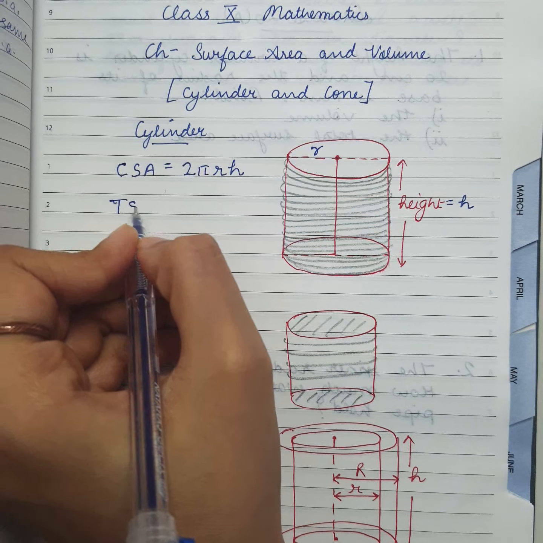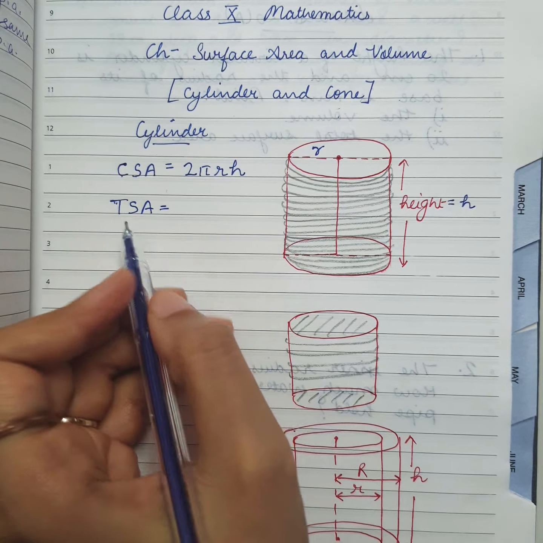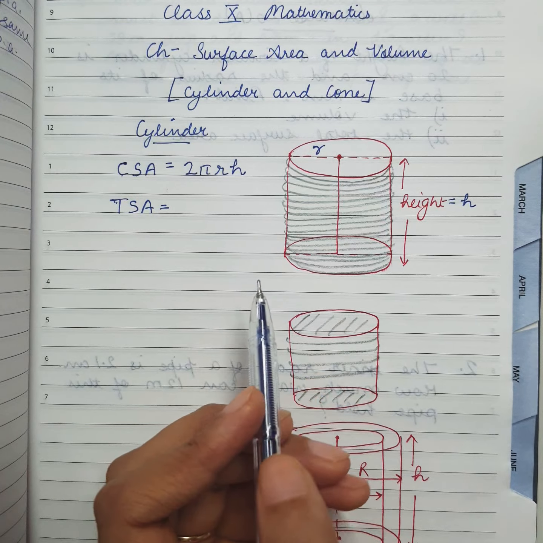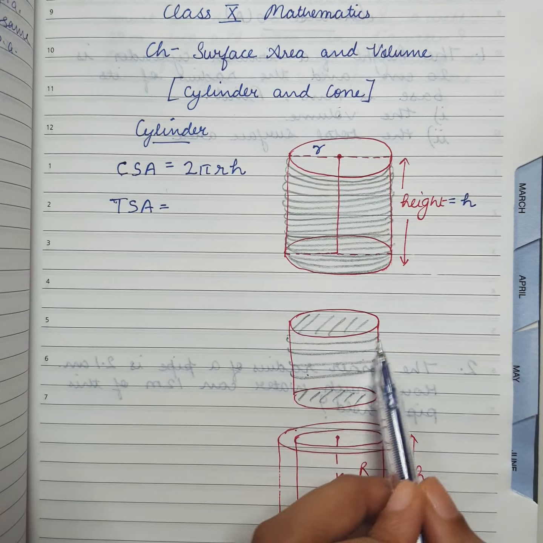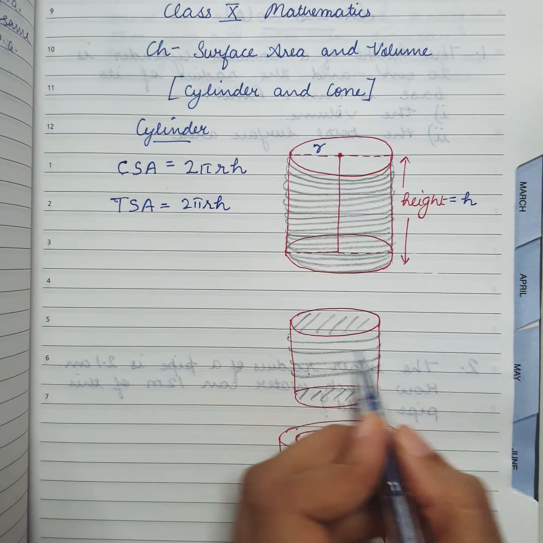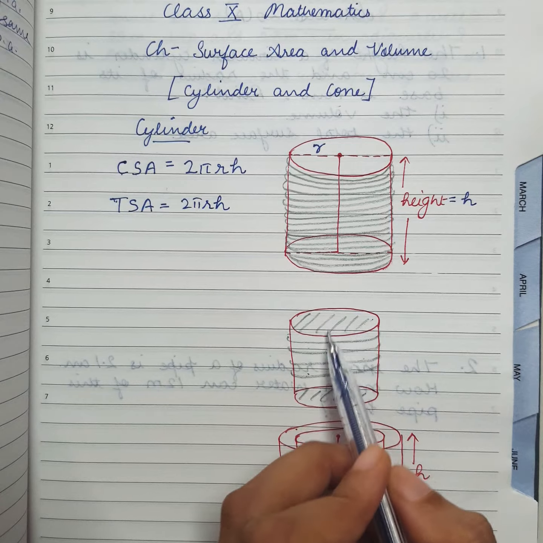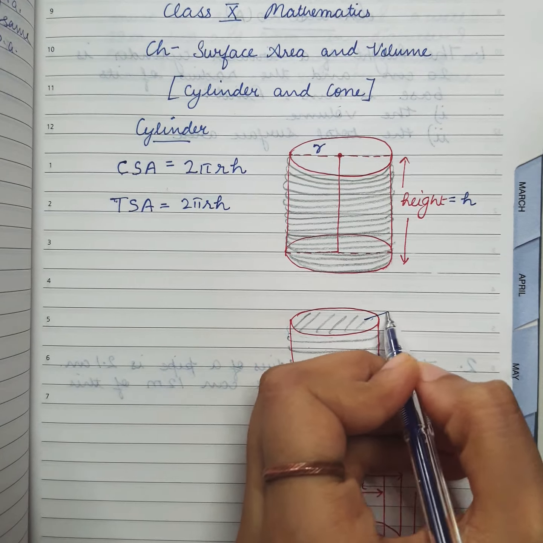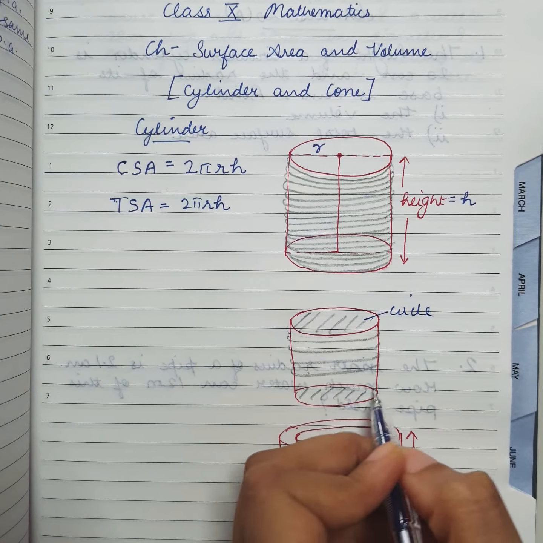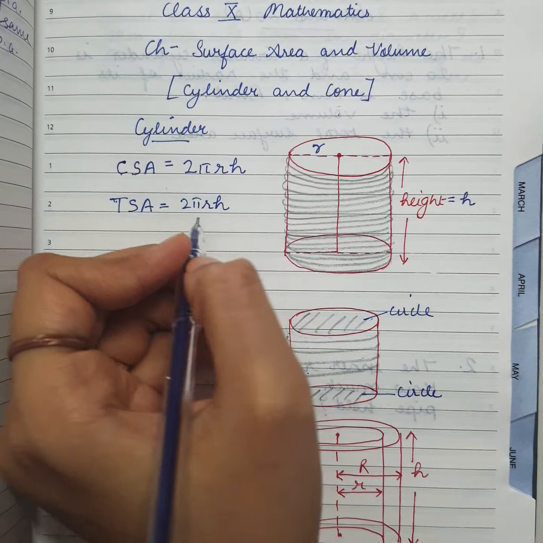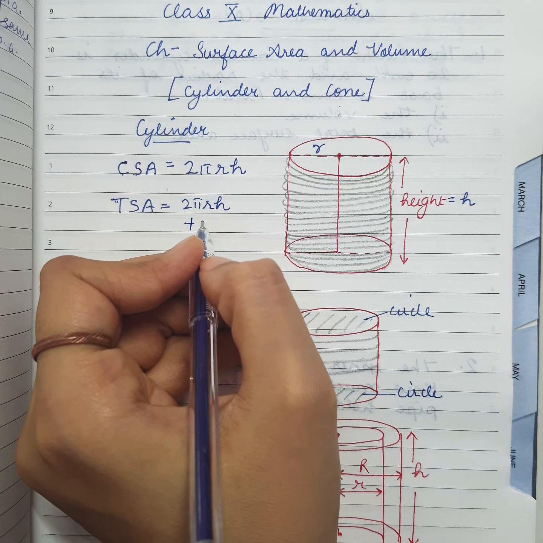Then total surface area, we generally denote it as TSA. Total surface area means the round area of the curved portion as well as top and the bottom. As you can see, top is a circle, and on a cylinder top and bottom is also a circle. So we add the area of two circles.